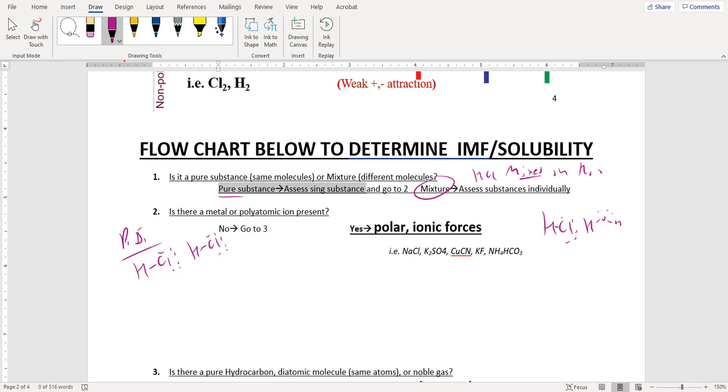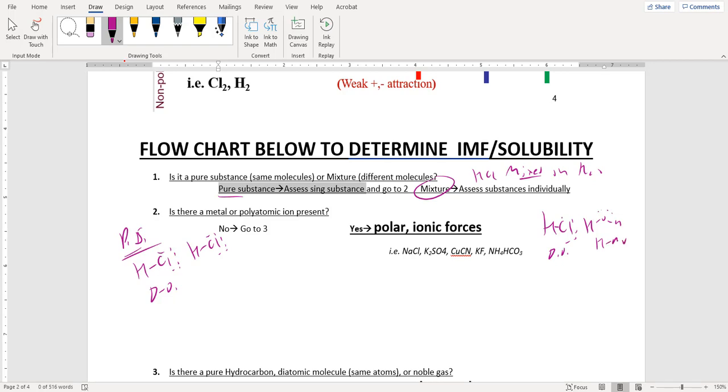Now, usually, as mentioned earlier, if it's a pure substance, then you just name the intermolecular force for this one, and it happens to be dipole-dipole. On the other side, if it's a mixture, then you have to assess them individually. So in this case, the one on the left, hydrogen chloride, is dipole-dipole. The one on the right is hydrogen bonding.